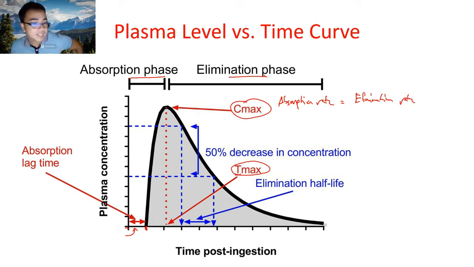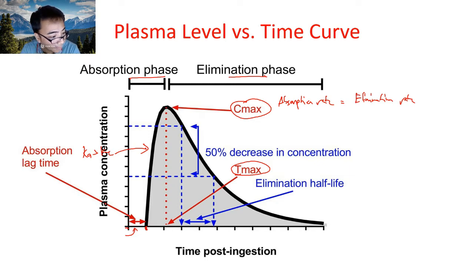Remember, class, that during the absorption phase, okay, during this portion here, may elimination na nangyayari dyan. Okay? Yun nga lang, absorption is much greater than elimination rate here. The amount of drug being absorbed is more than the amount of drug being eliminated. Hence, class, nakakakita ka ng pag-increase sa total amount of drug in the bloodstream.